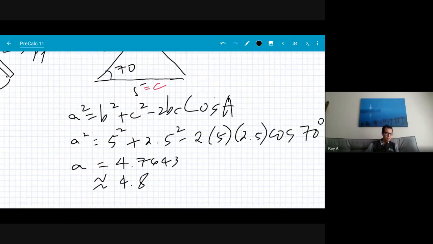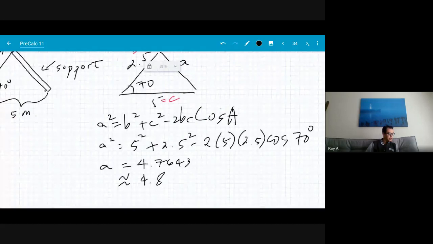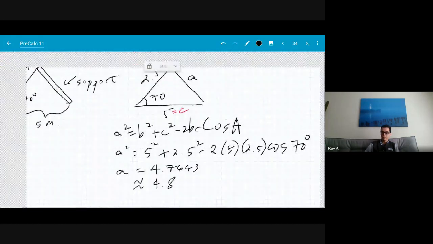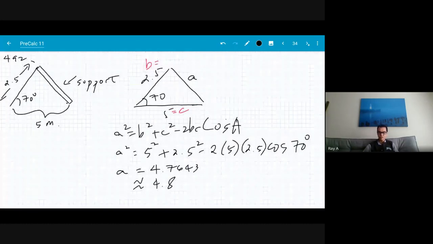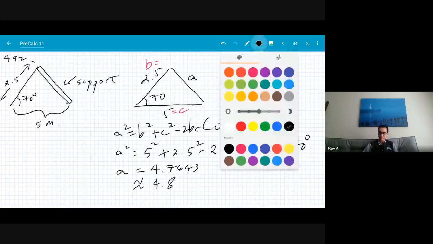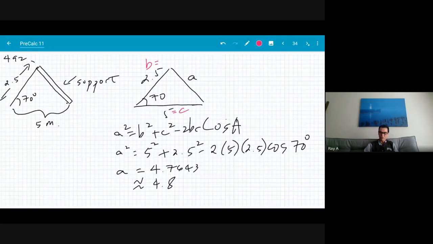Now that is the length of the support. Now you're also being asked to find the measure of the angle between the support and the wall to the nearest degree. That part is where it's not very nice because I myself was wondering which one they're looking for. Apparently it turns out that this is the angle that they want.